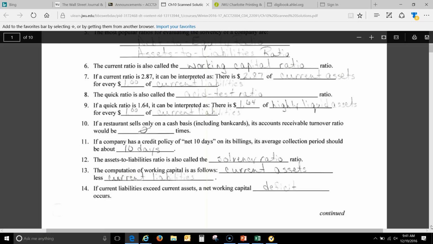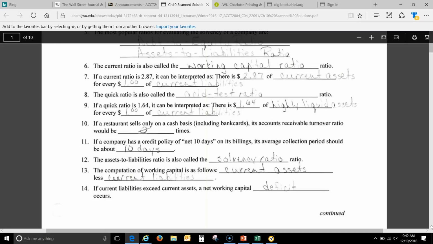So how would you fill that in words in number 7? If the current ratio is 2.87, that's what we got when we calculated this. So what we're saying is for every dollar in current liabilities, we have how much in current assets? $2.87.